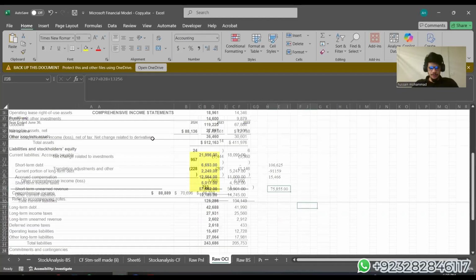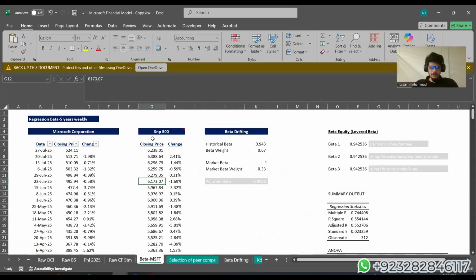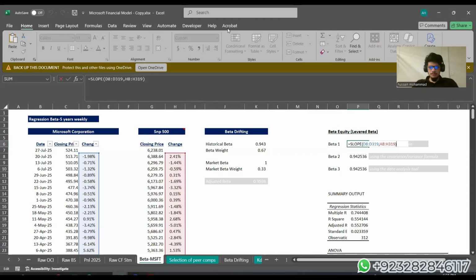Anyway, you would know this beta calculation sheet, and those of you who are seeing it for the first time, I will explain to you how we make this sheet in the next class. But this is for the definition of beta. I opened this calculation. We calculate historical beta using these three ways.